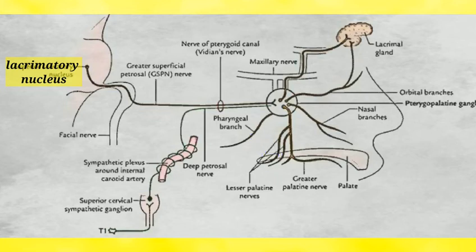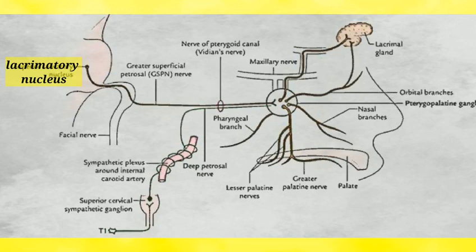The second connection is the sympathetic route. The sympathetic fibers are the postganglionic sympathetic fibers from the superior cervical ganglion of the sympathetic trunk, which are brought by the deep petrosal nerve, a branch of the internal carotid plexus. These fibers will not relay in the pterygopalatine ganglion, but without interruption pass through the ganglion to supply the mucous membrane of the nose, palate and the nasopharynx to give the vasomotor supply.